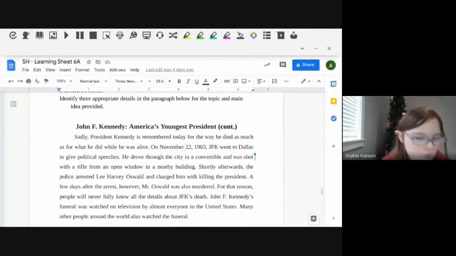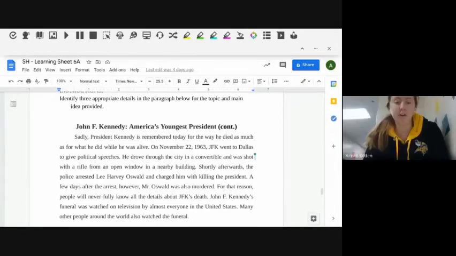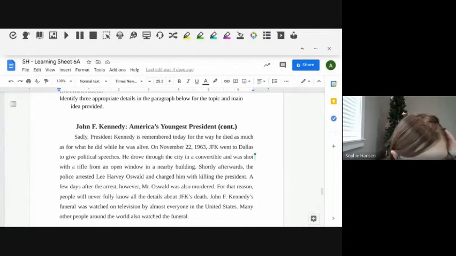Keep going, Soph. In my building. Shortly afterwards, the police arrested Lee Oswald and charged him with killing the president. A few days after arrest. However, Mr. Oswald was murdered. For that reason, well, who knows?